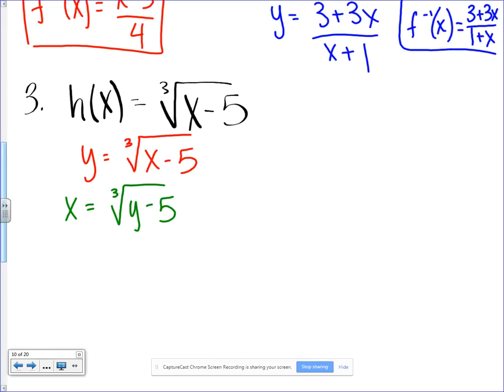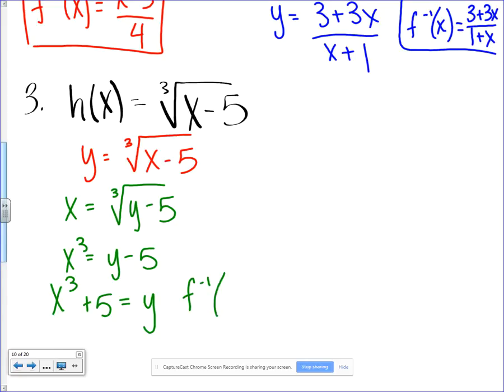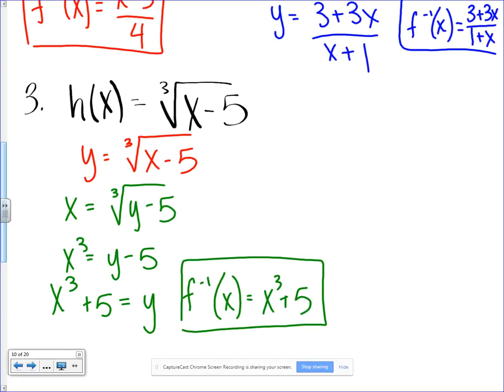So if I want to isolate that y, I got to get the cube root off of there, which looks like that. And really, this is pretty easy here. And there we are.